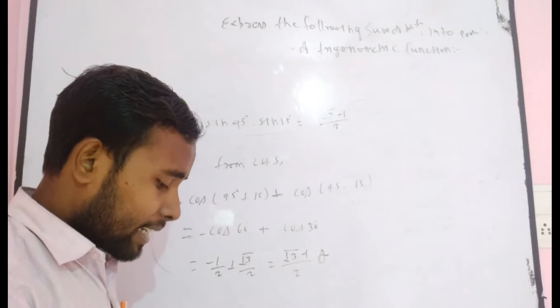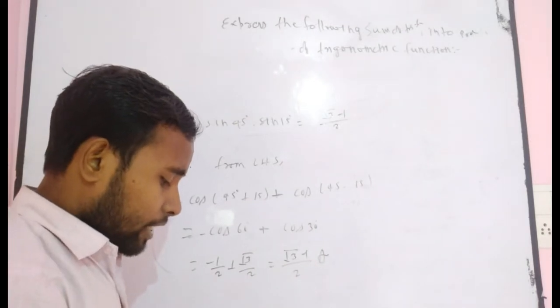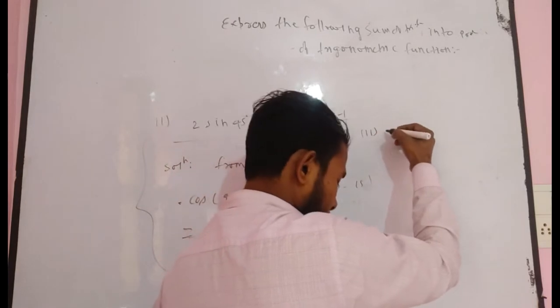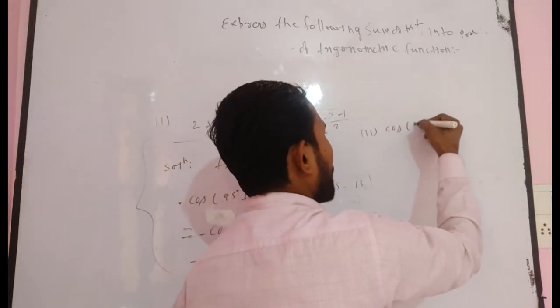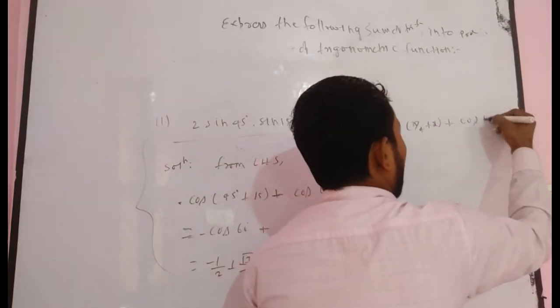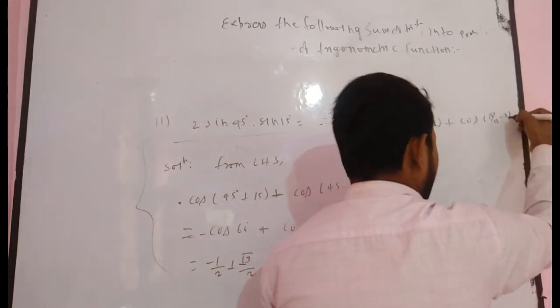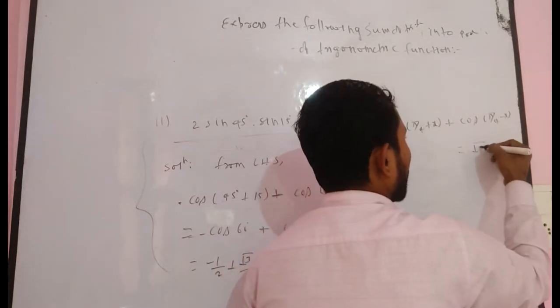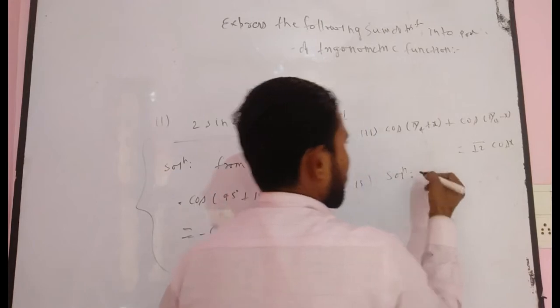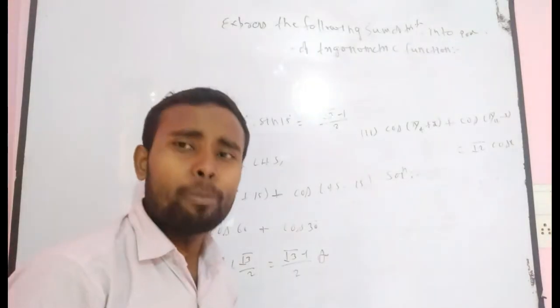Now we take another problem in which it is given that cos(pi by 4 plus x) plus cos(pi by 4 minus x) is equal to root 2 into cos x. I think you can solve it another way.